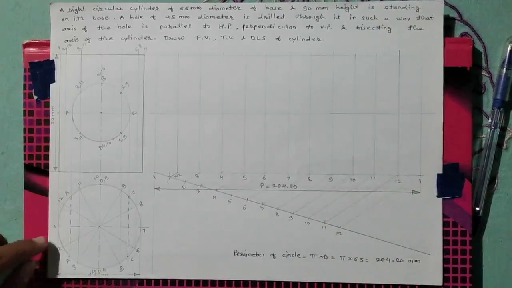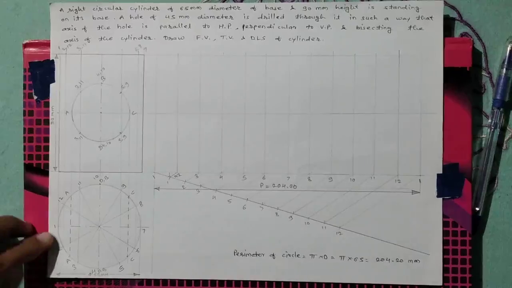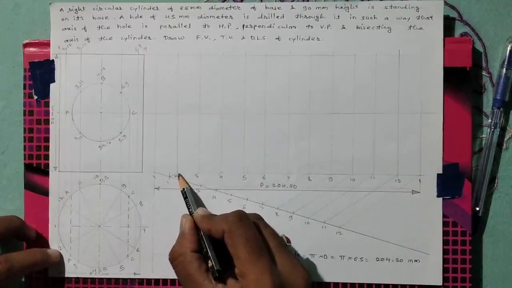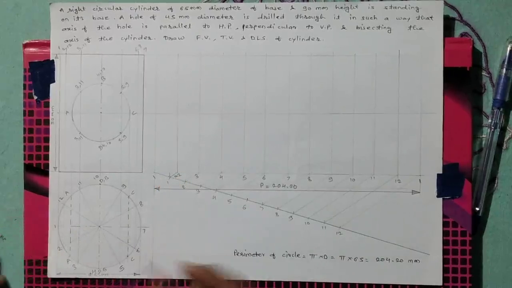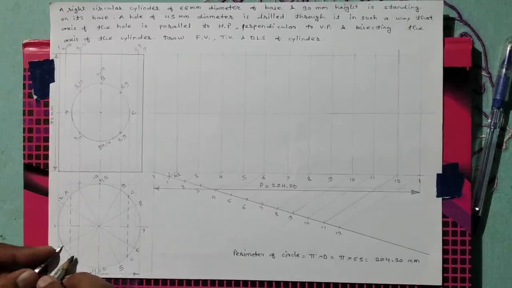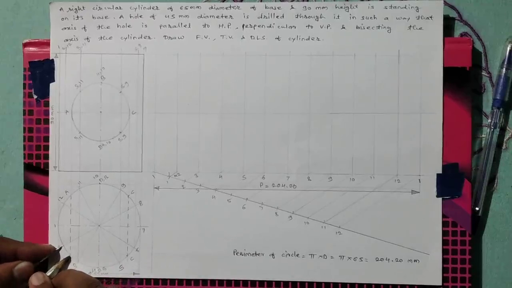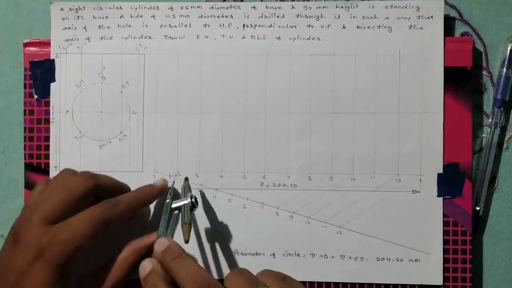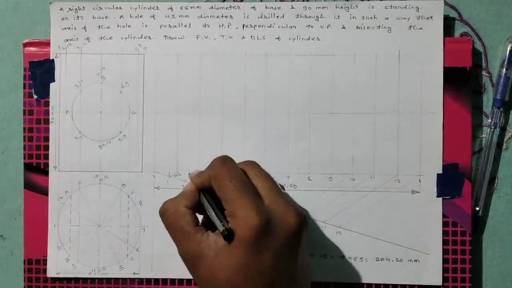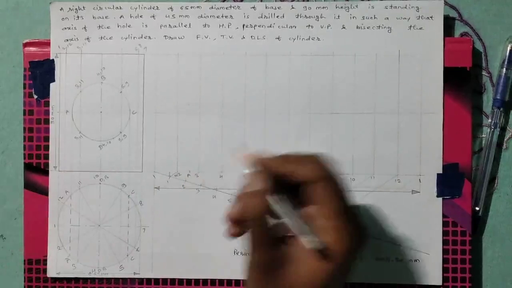After that, we have to put the middle points. Point 1 is here, point 1 is here, 2 is here, 2 is here. After 2, there is a point A. Take the distance in the compass from 2 to A and put it here. It will be given the name A.